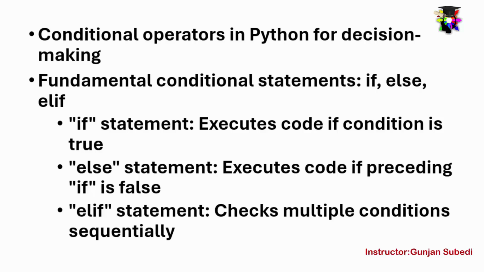The else statement is used to execute a block of code if the if condition is false. The elif statement, which is short for else if, allows you to check for multiple conditions. If the condition in an elif statement is false, it checks the next condition.